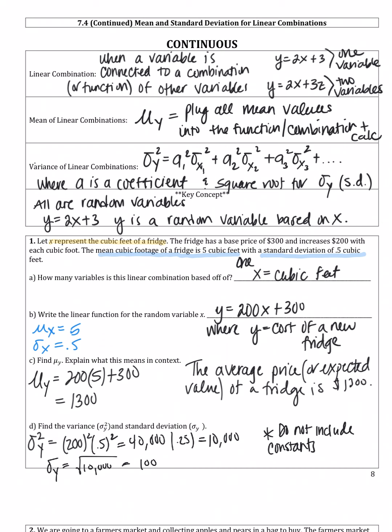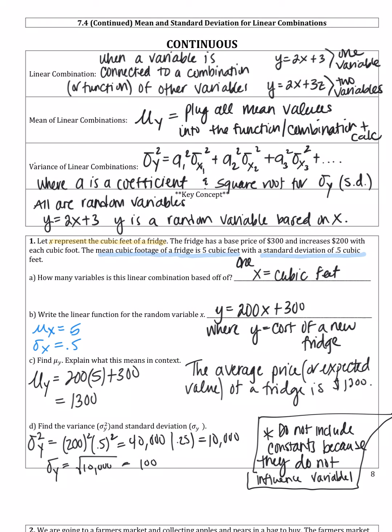So we're not going to include constants because they do not influence variables. That's why I didn't do anything with that 300, and we never will. Okay?